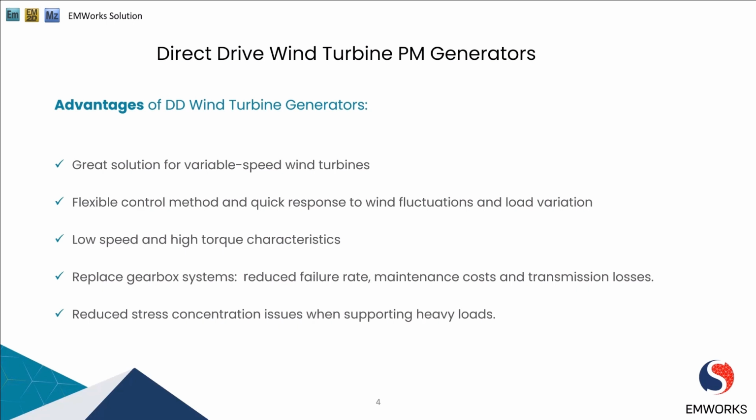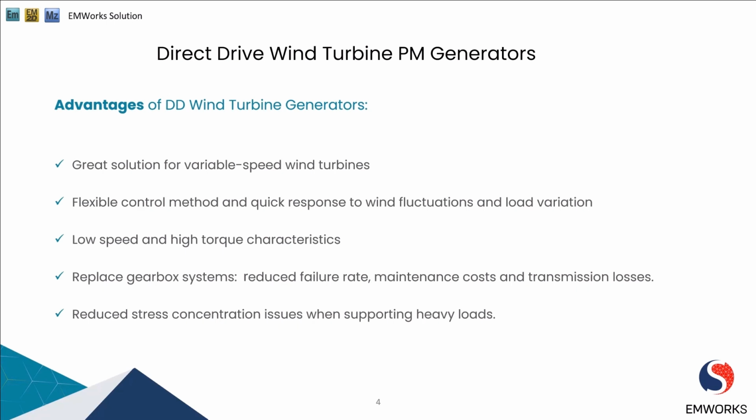Direct drive wind turbine generators exhibit low speed and high torque characteristics, optimizing their performance in the face of varying wind speeds. This trait contributes to the generator's ability to capture maximum energy from the wind. By eliminating the need for a gearbox, direct drive systems significantly reduce failure rates and maintenance costs.